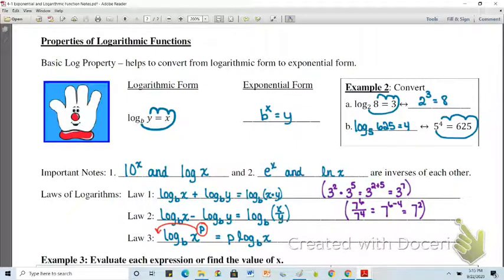So when I have an exponent, I can actually move that out front, which will make some of our simplifying easier. So where are we going with this? We want to use these laws and these rules to help us evaluate logarithms. And we want to do it without using our calculator. So let's try some examples.